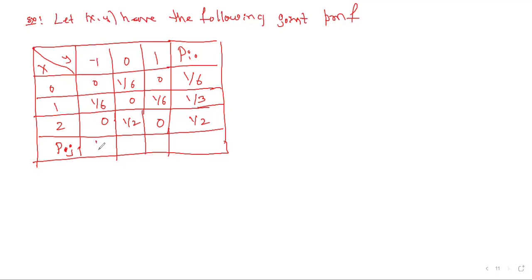Then 0 plus 1 by 6 plus 0, 1 by 6. Here 1 by 6 plus 1 by 2, that is 2 by 3. This is 1 by 6 and overall is 1. Right. So it is a counter example for that last point.